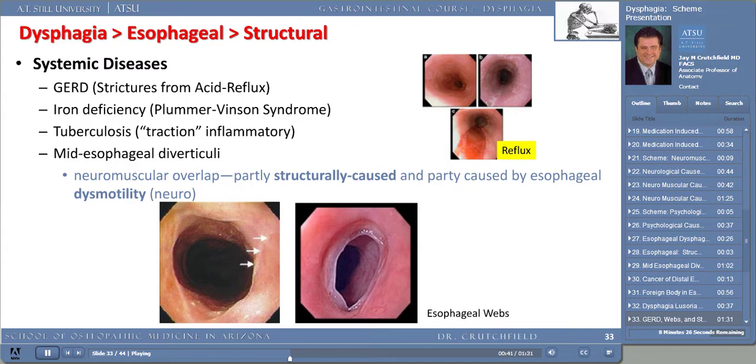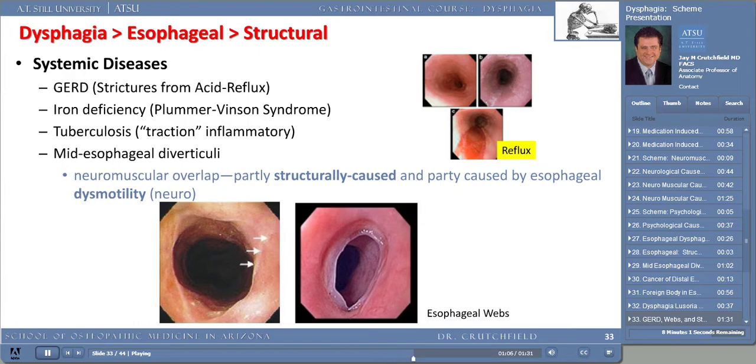Understand there's definitely overlap here. Sometimes there can be partially obstructed and or other causes of dysphagia, such as from esophageal dysmotility as a result of neurological disinnervation to the esophagus or dysmotility or lack of peristalsis, which can then form a structural etiology.